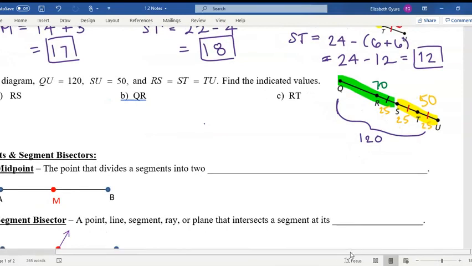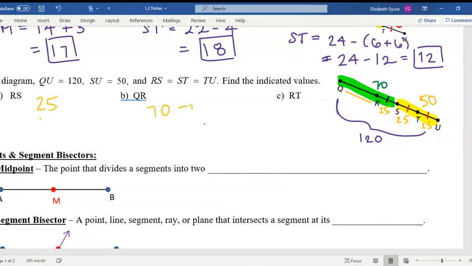So let's go back and check this out. RS, we already have it labeled. It was 25. Measure of QR, well, that is this part here. I guess I forgot to find that one. But that's not too bad because I know the whole thing is 70.